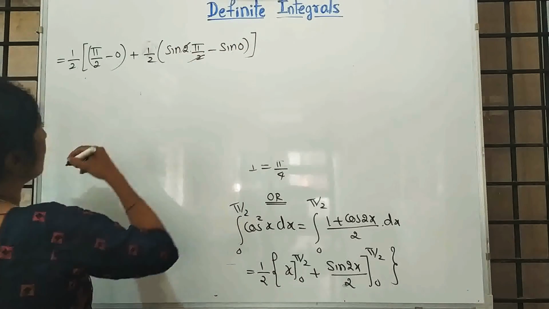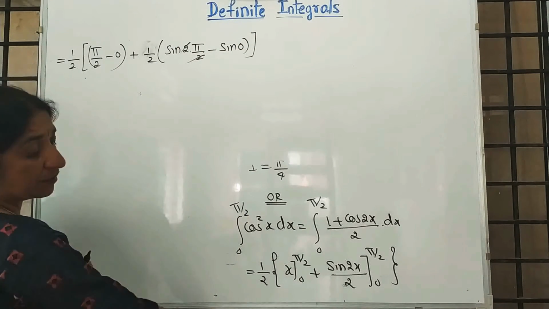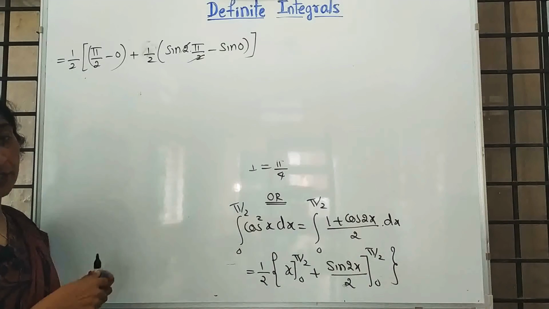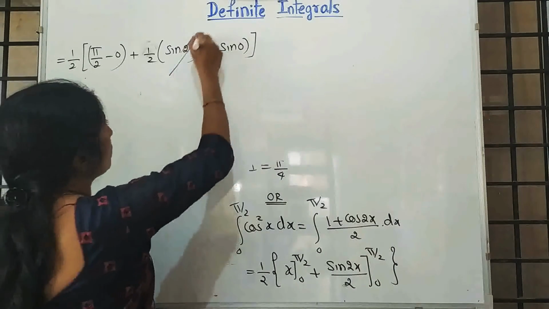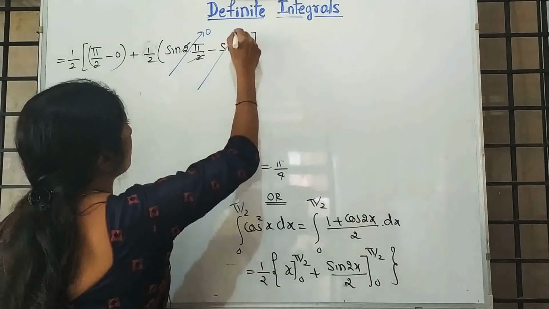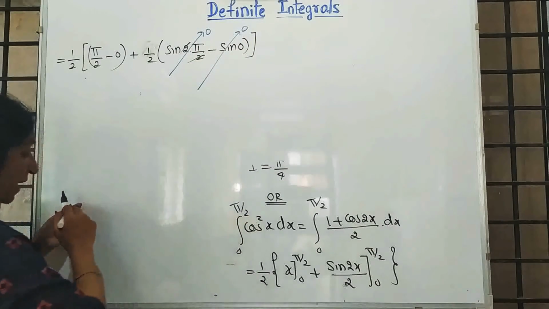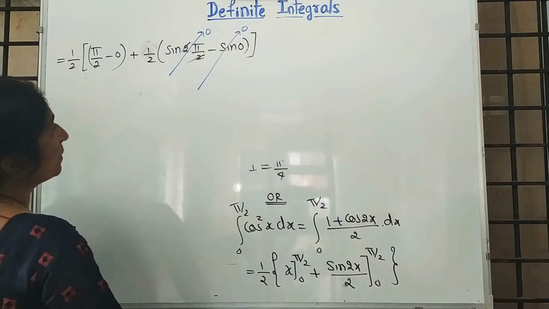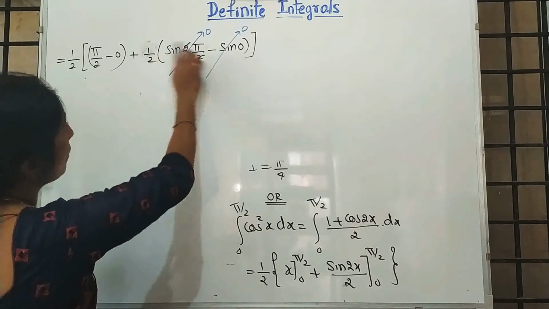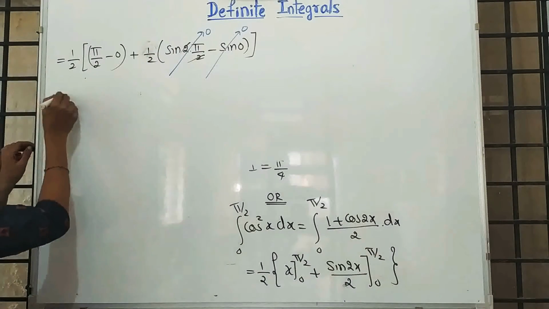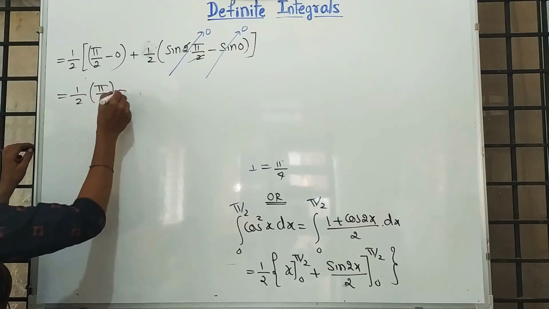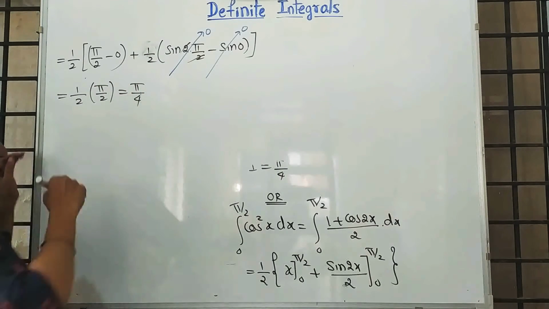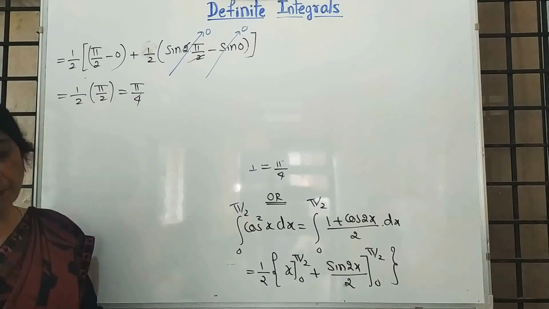Here the 2 gets cancelled. Have you remembered the table for sine? Sine of any number into pi is 0. This is 0. Sine 0 is 0. That means the complete bracket is 0, and half into 0 is 0. What is remaining? 1 by 2, pi by 2 is remaining, and your answer is pi by 4. And already you know that the answer is pi by 4.